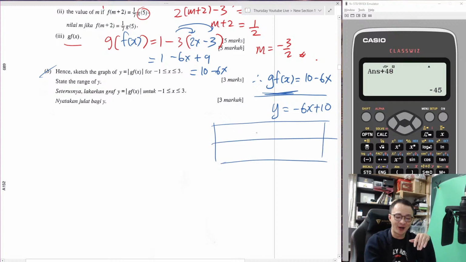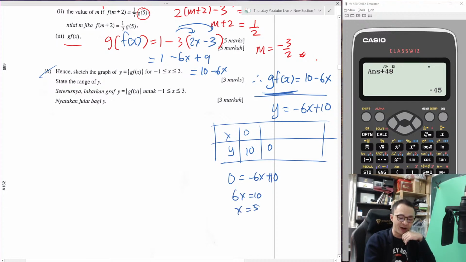Later I'll explain why. This is x and y. So I will make 0 for x and 0 for y here. If I sub 0 into the x here, I will get y equals 10. If I sub 0 into the y here, 6x equals 10, x equals 5 over 3. I will get 5 over 3 here. Alright, this is my x-intercept and y-intercept.